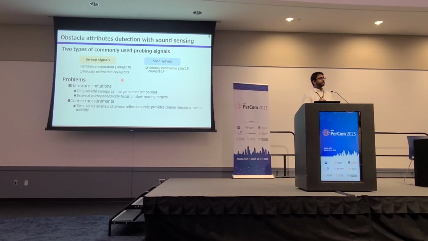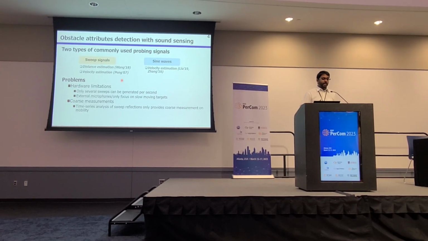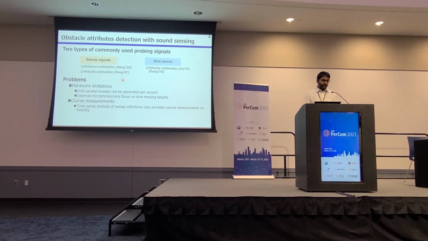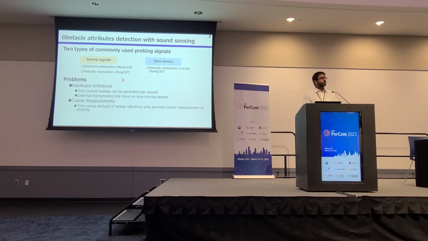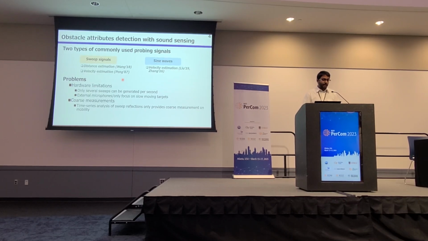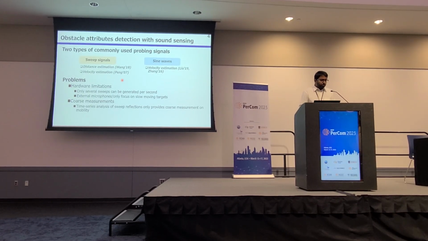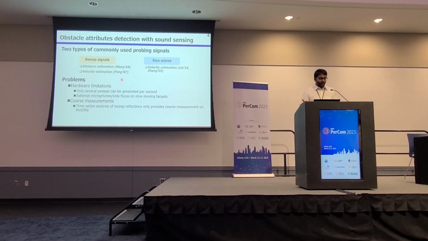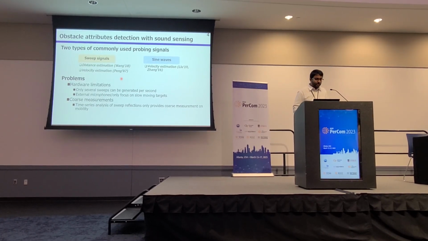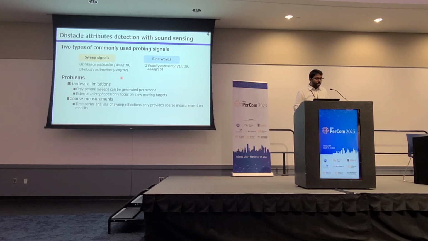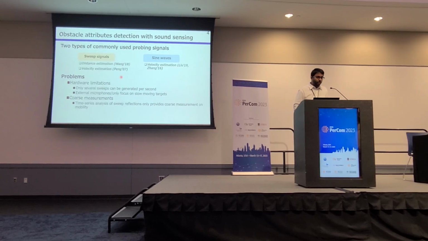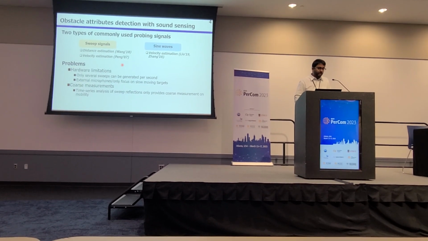And therefore, to increase the sensing rate of such methods, they have to employ external microphones or speakers, or only focus on slow-moving or static targets. Secondly, time series analysis of sweep reflections only provides pulse measurement on the mobility and the velocity of mobile obstacles, which is an inconvenience in this case.